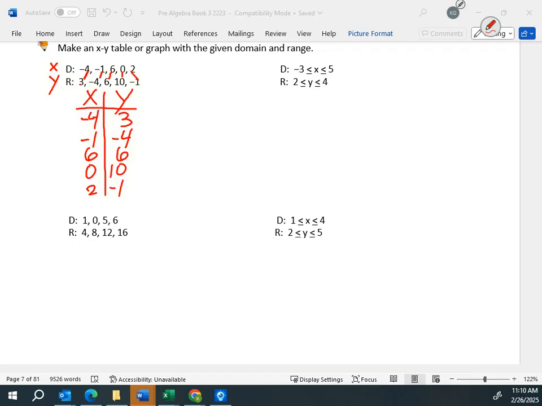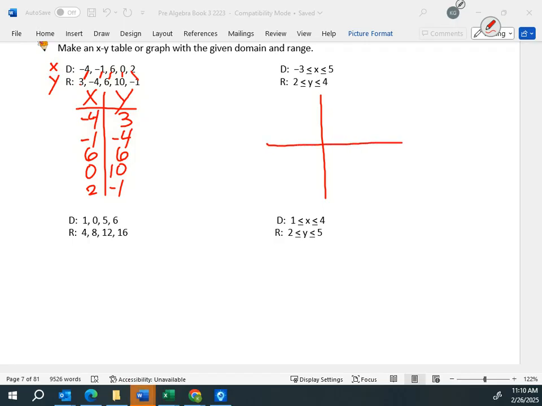Because it's not all real numbers, is it going to be a line or a segment? Yeah, it's going to be the segment. If it said all real numbers, it would be a line, but we don't have any of those. So what we're going to look for is how to graph that segment.